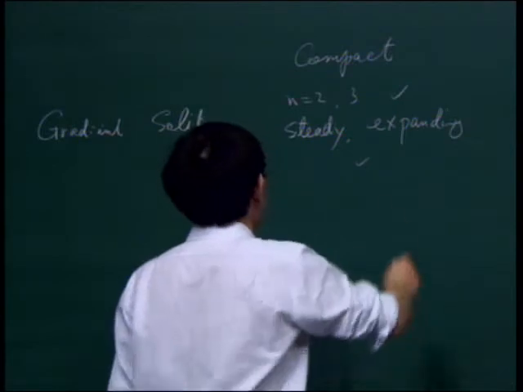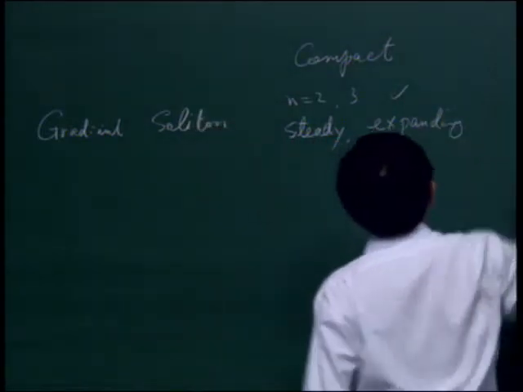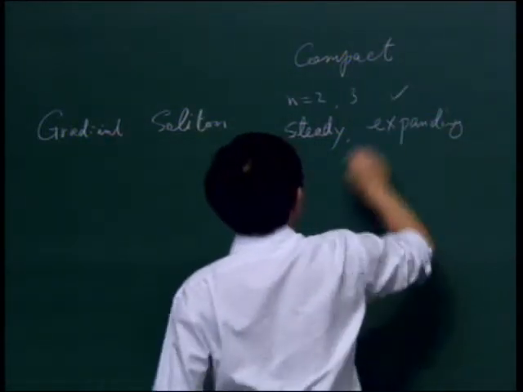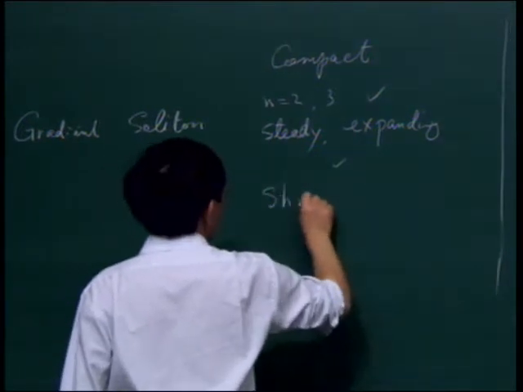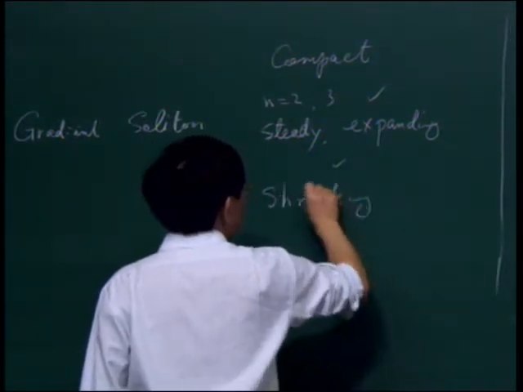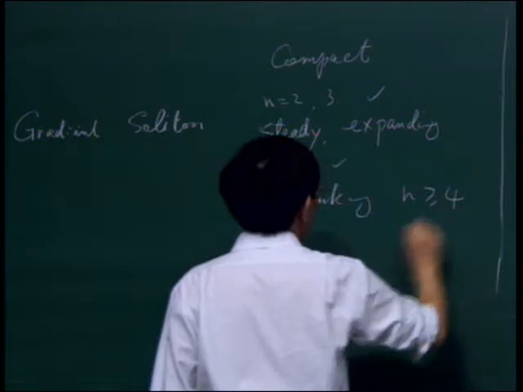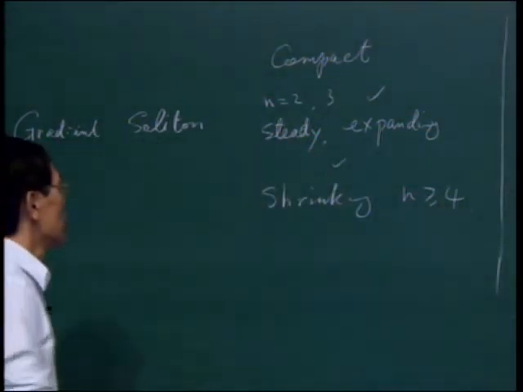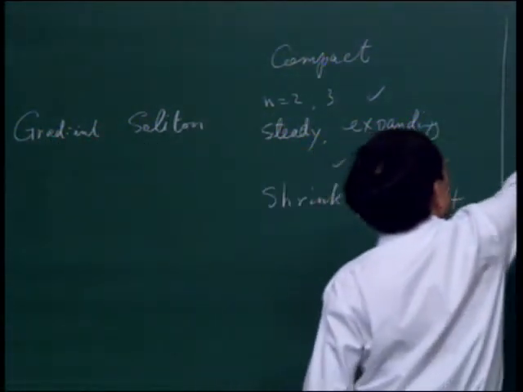So the remaining cases are the shrinking case for n bigger than or equal to 4, or the non-compact case.